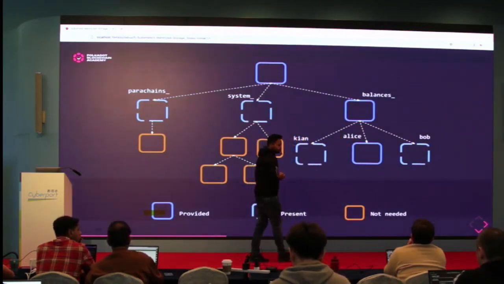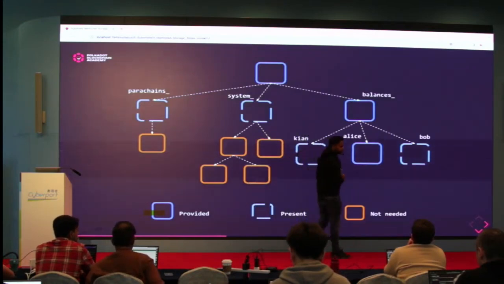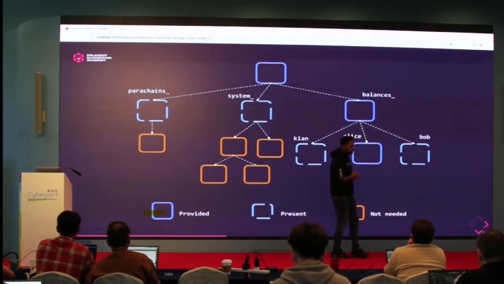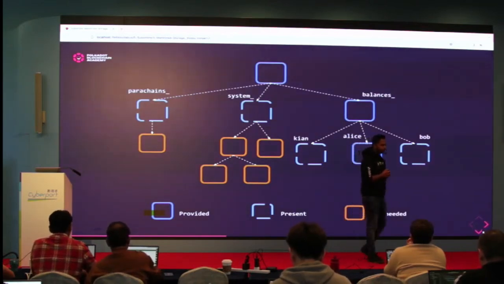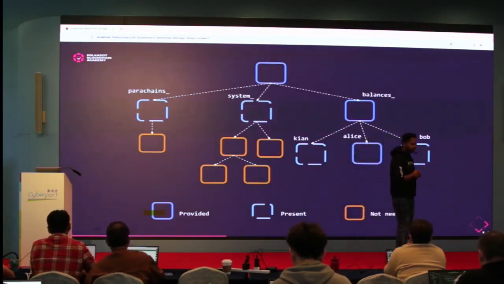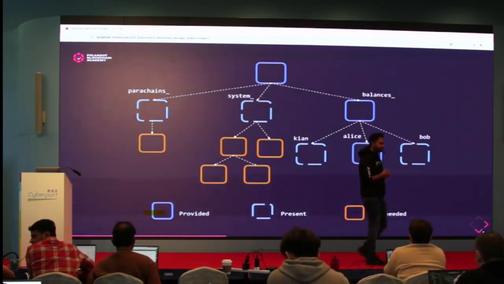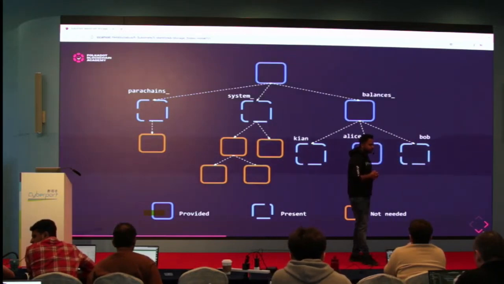It doesn't matter if Alice Cooper modifies its balance, because the value doesn't depend on Alice Cooper, but the hash of Alice is modified if the children are modified. So maybe it's necessary to compute the children or not.